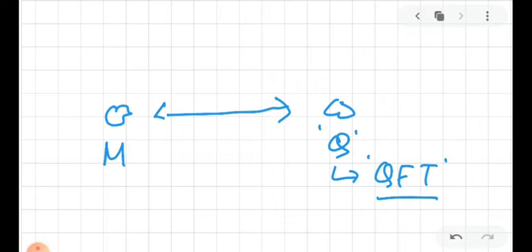Okay, so quantum field theory is one of the best theories we have yet, and it also deals with the most advanced subjects of particle physics and all that, but I'm not going to deal with that right now.